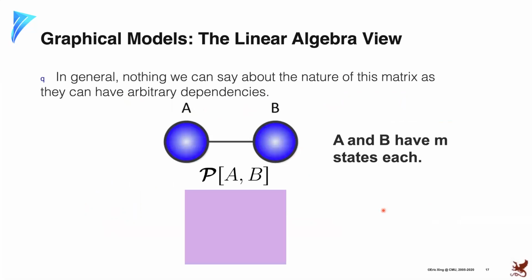So now let's look at the spectral or algebra view of the graphical model. Assume that each of these variables has m states. If we look at their joint probability matrix, this matrix would be m by n. If we do not know any dependency information among these two variables, then this matrix can be of any configuration.